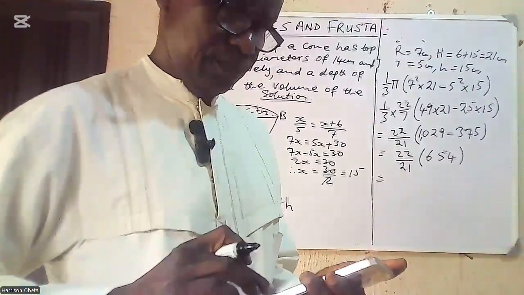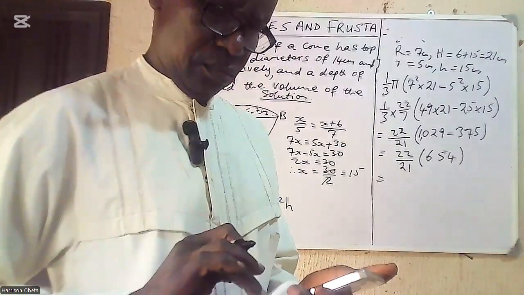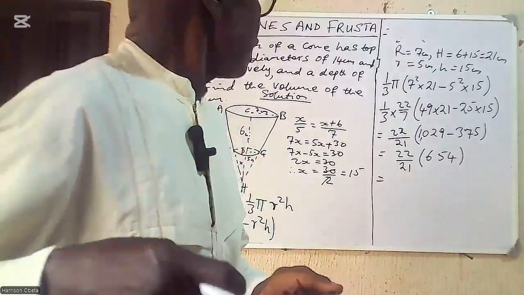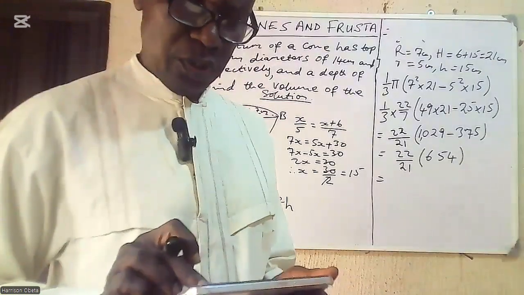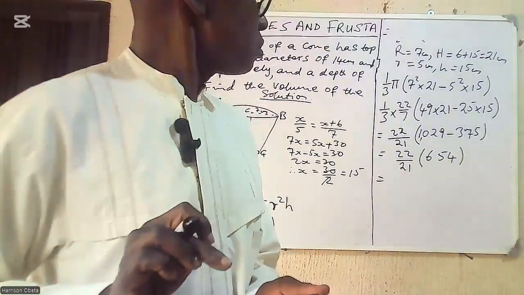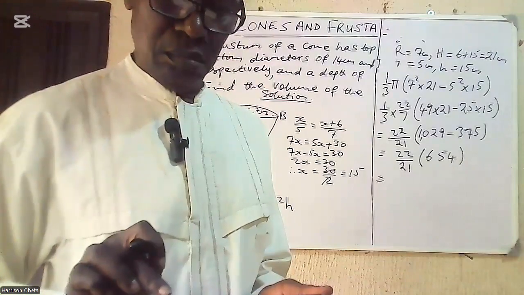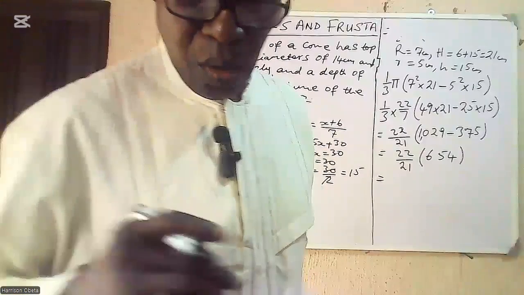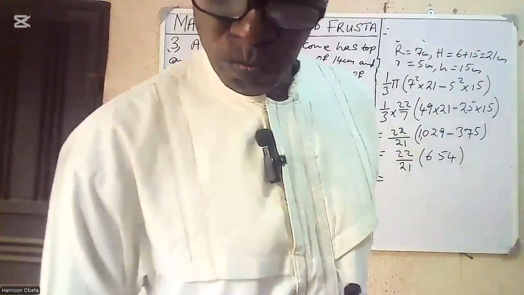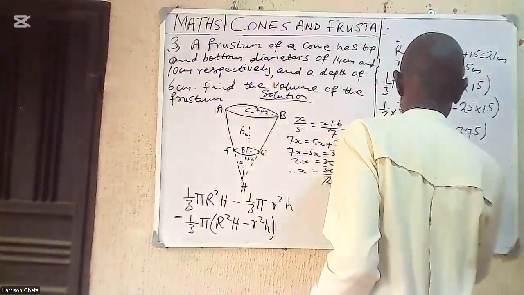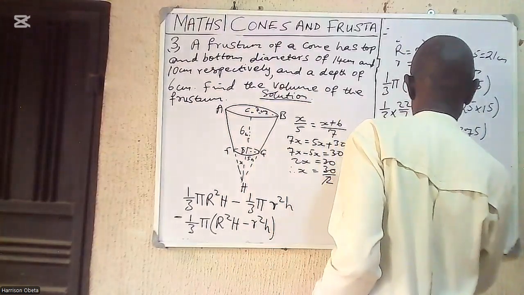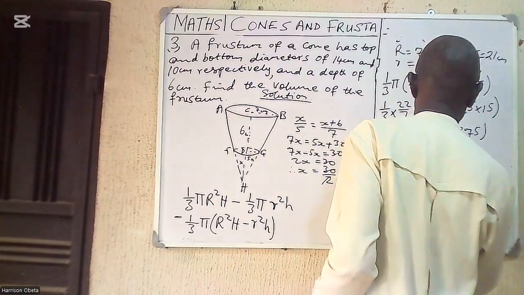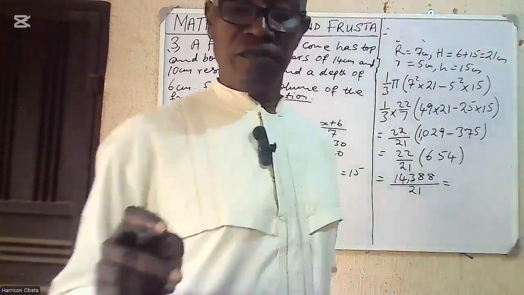That should be 654 times 22, which is 14388, all over 21.